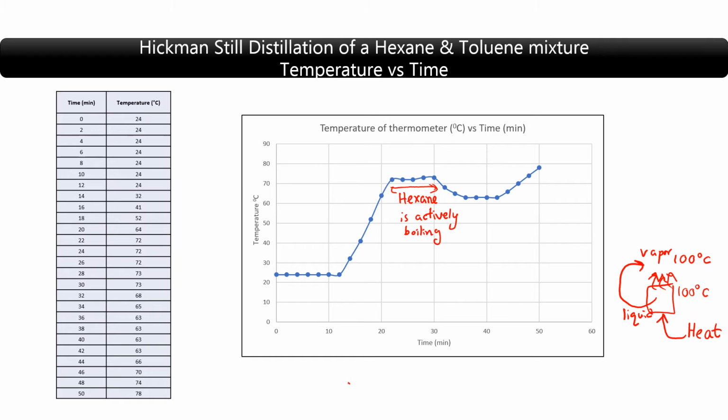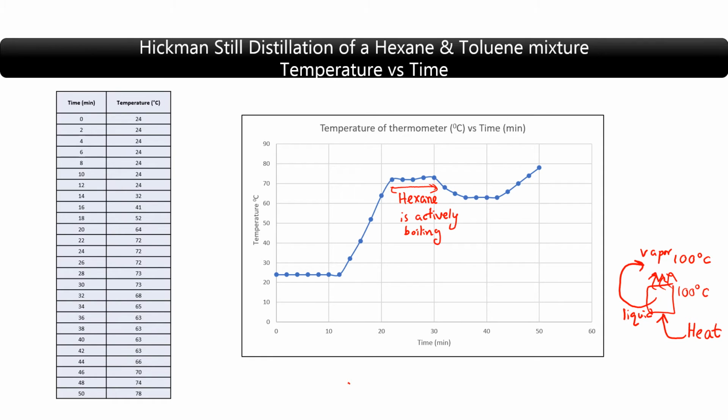Once all the hot hexane vapor is removed from the system, it's going to take some more time until the heat can allow the temperature to increase back. What I'm trying to say is it's going to take some more heat to convert toluene into vapor, because toluene's boiling point is much higher.